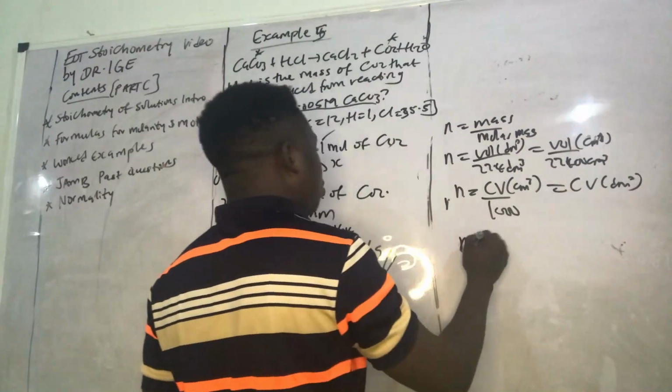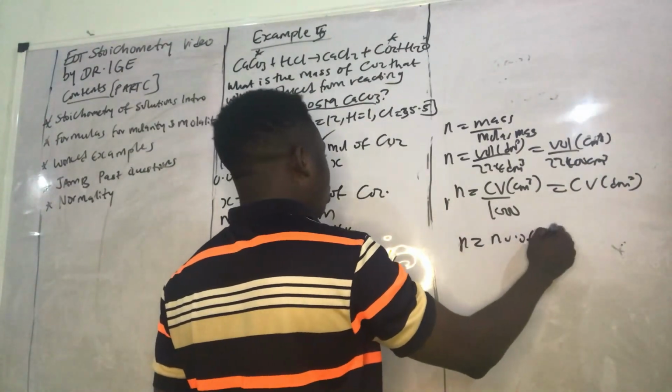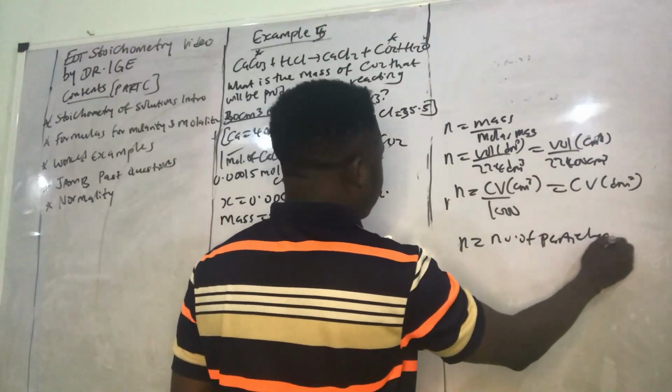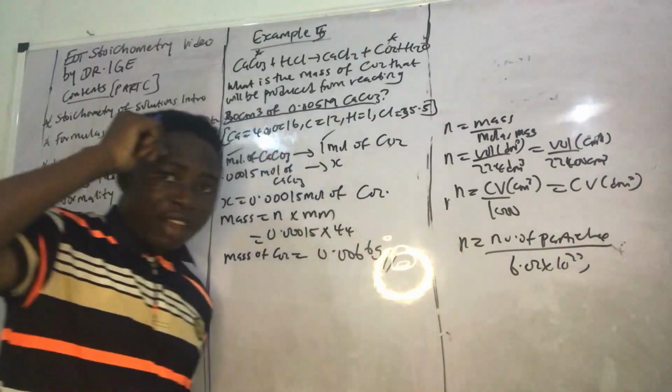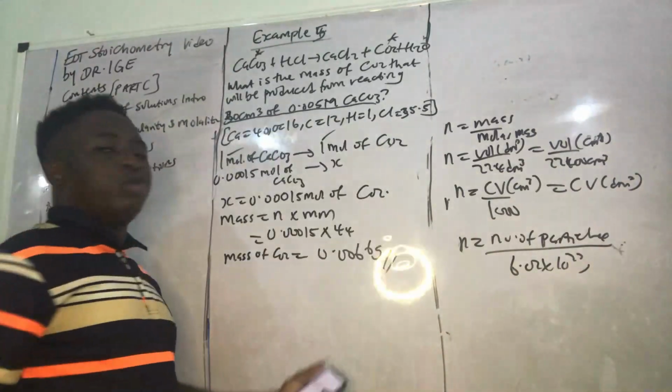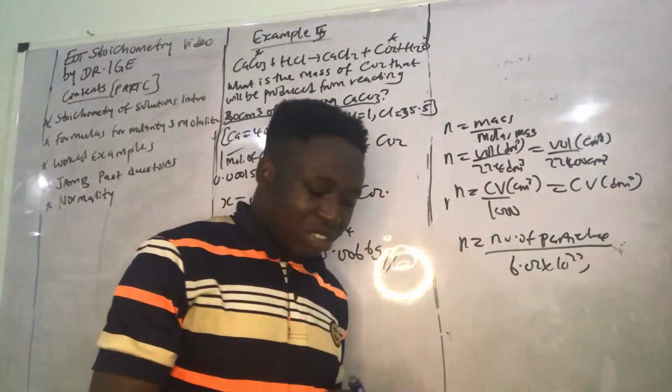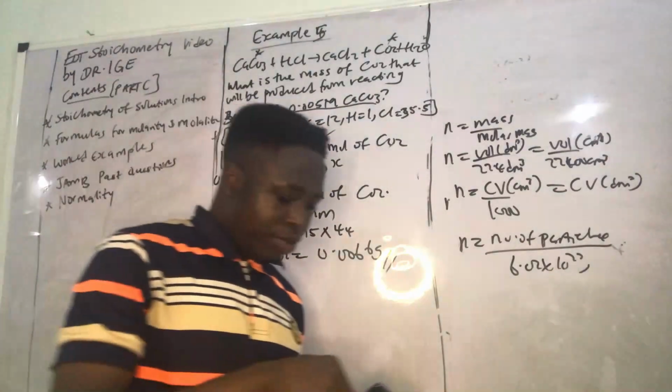We also took that number of moles equals number of particles, or number of any substance, over 6.02 times 10 to the power 23. So just relate all of them, then you'll be able to solve all these questions easily without stress of any sort.